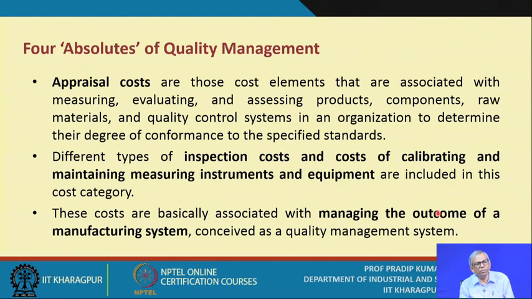So essentially the appraisal cost refers to the activities carried out for maintaining the systems, for monitoring and controlling the system. Different types of inspection costs and cost of calibrating and maintaining measuring instruments and equipment are included in this cost category. So this is very, very vital. These costs are basically associated with managing the outcome of a manufacturing system.